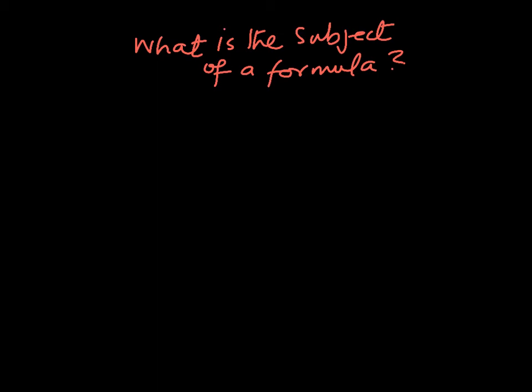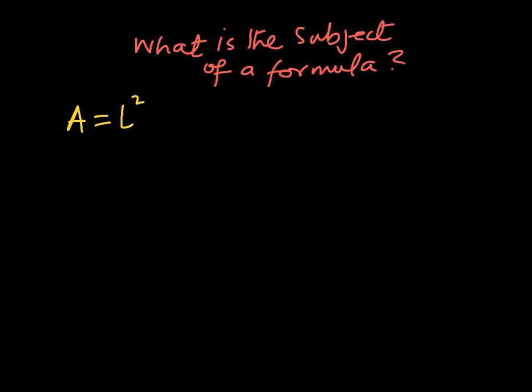So with all that talk, let's get back to the major crux of the matter. So what is the subject of a formula? Now in this talk, we have talked about several formulas. Let's just remind ourselves of these formulas. We talked about A, area of a square is L squared.